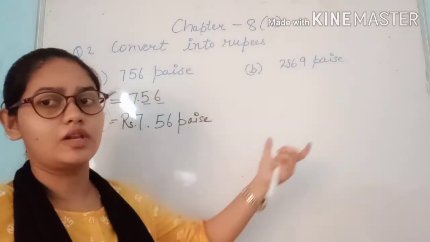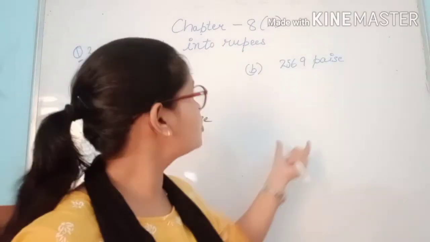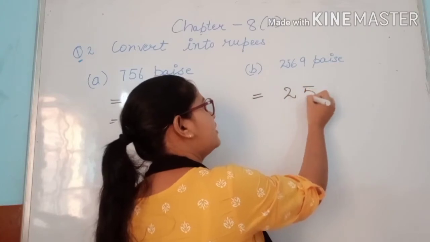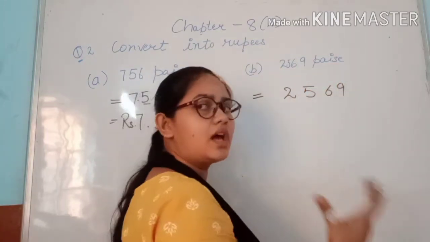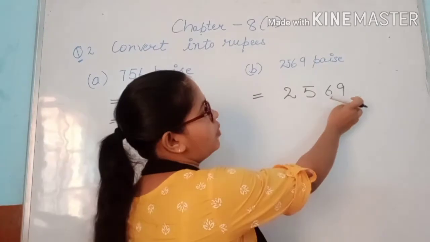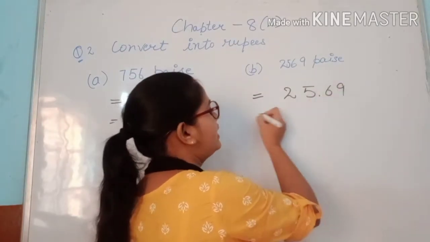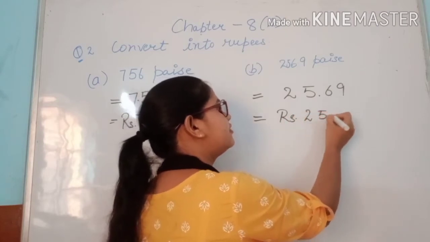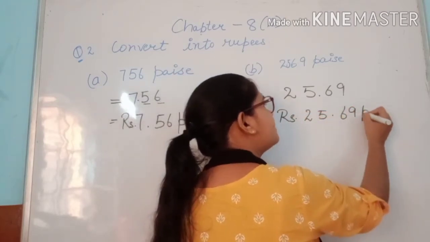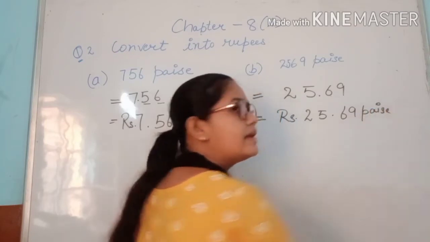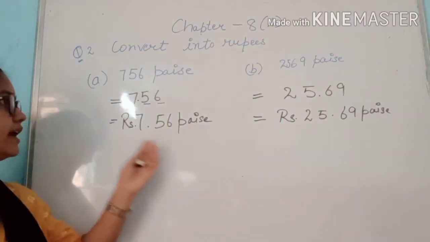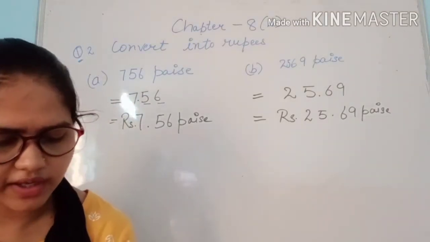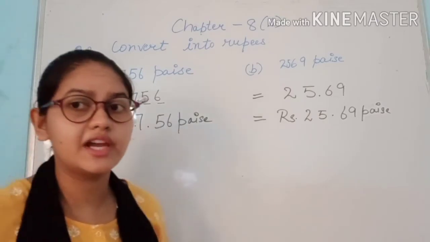Okay, now let's do this one. So you can see here, we can write 5609, and how can we read it? From this side 1, 2, we will take a point here, and our answer is rupees 25.69 paise, right? So this is our A and C. Let's do our D1. D1 is 1324.